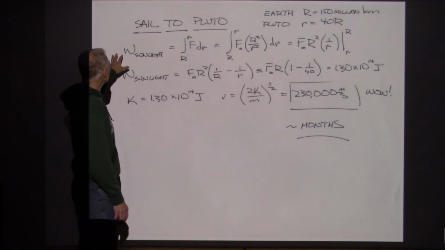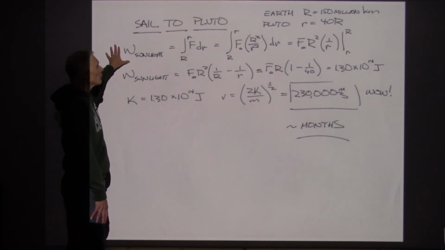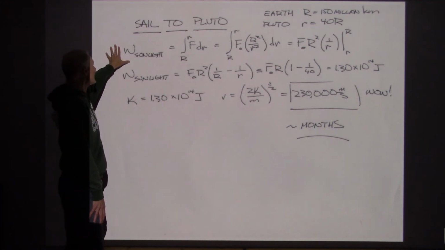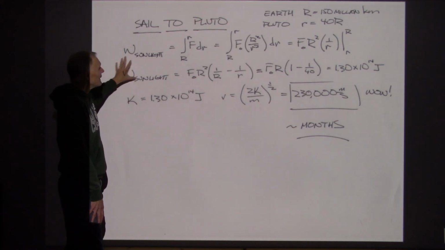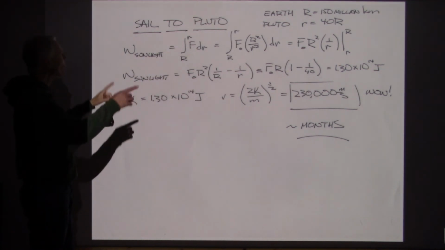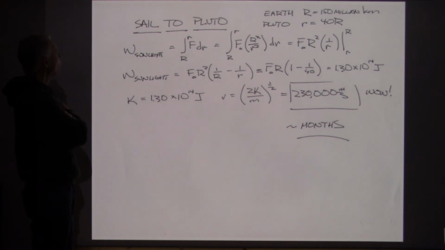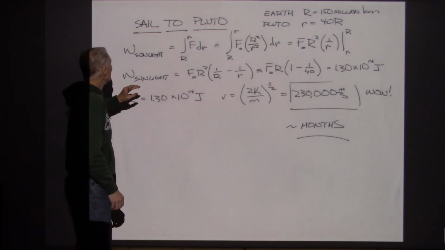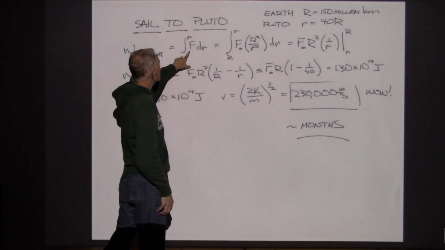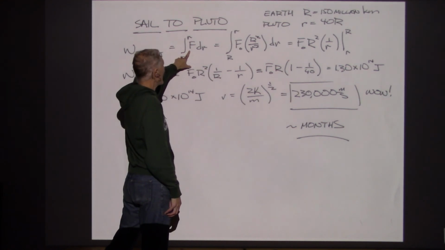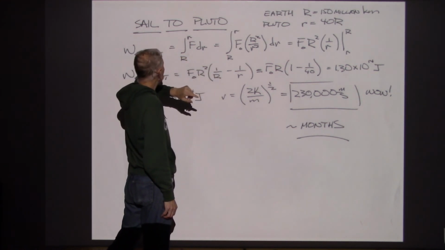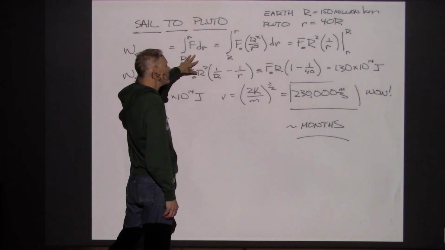And so I calculated how much work I would get from the sunlight heading out there, and I'm trying to remember, I don't remember if I've got that gravitational stuff included. Okay, so here is the force that we're using from the sunlight. I guess I just used the 870 newtons.